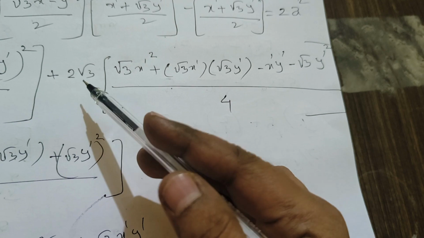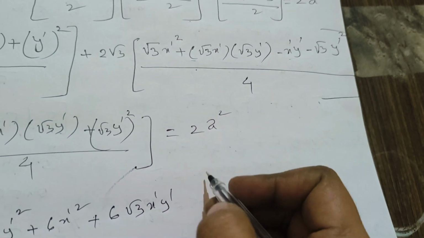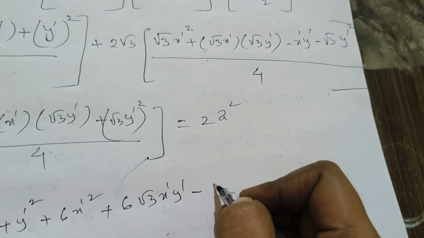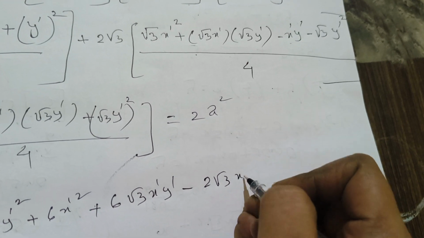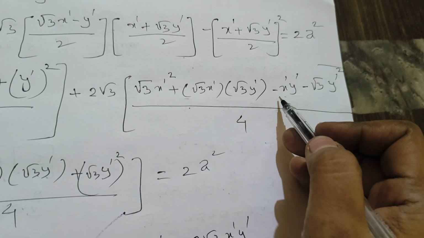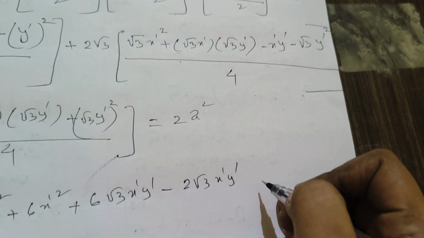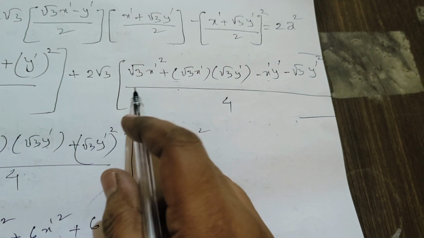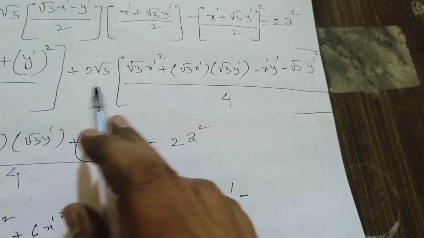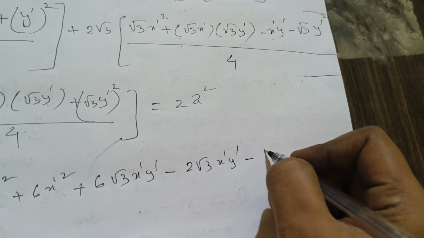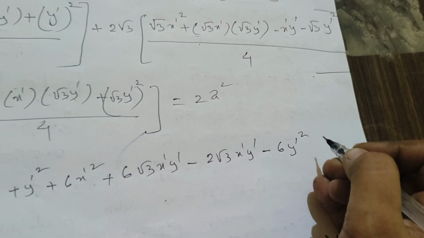Next term, 2 root 3 x dash y dash, plus into minus, minus 2 root 3 x dash y dash. Next, plus into minus, minus 2 root 3 root 3 is 3, 2 threes are 6 y dash square.